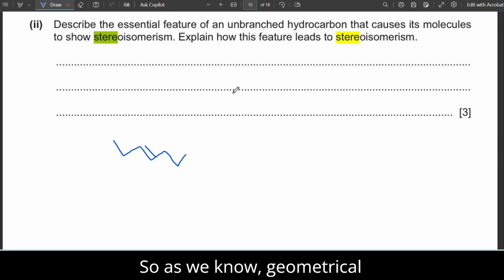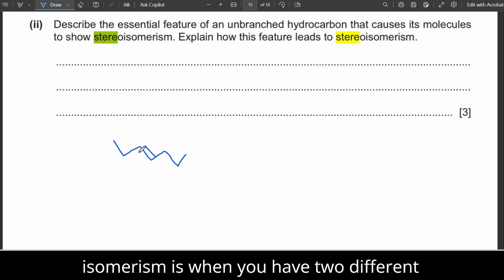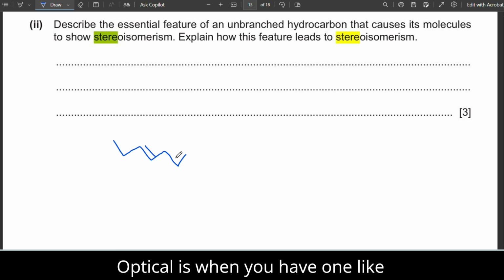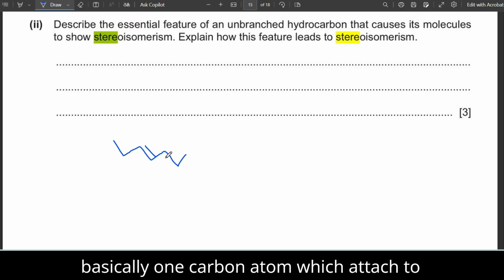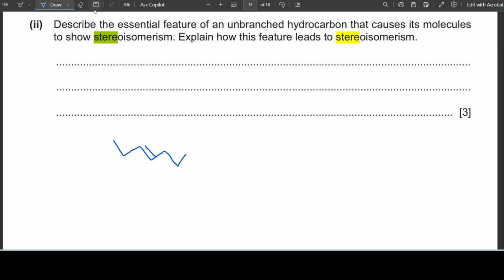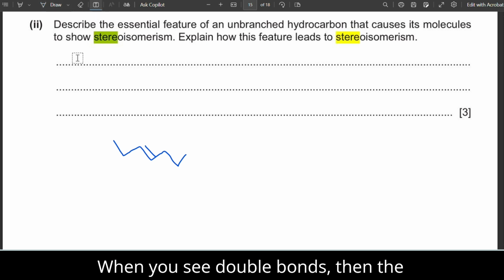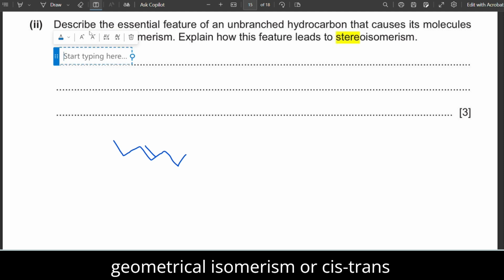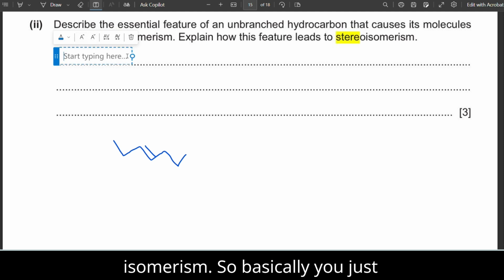As we know, geometrical isomerism is when you have two different groups on each side of the double bond. Optical is when you have one carbon atom attached to four different groups. So when you see double bonds, the first thing you think of is of course geometrical isomerism or cis-trans isomerism.